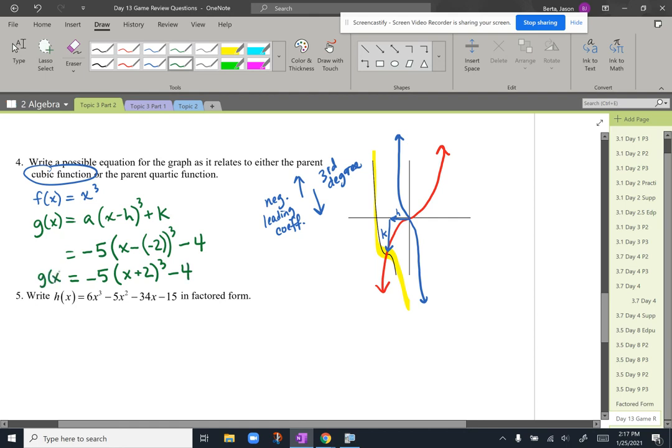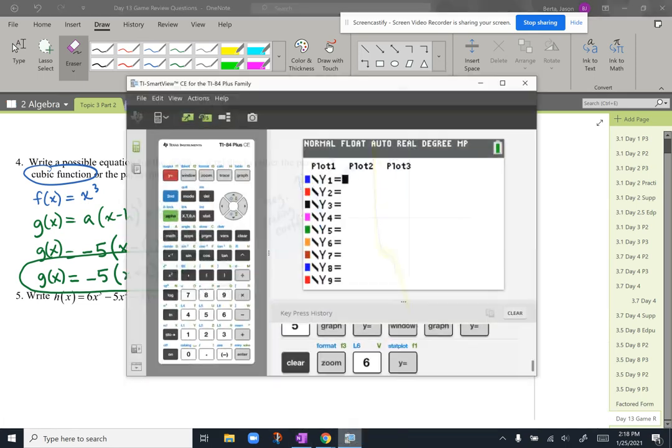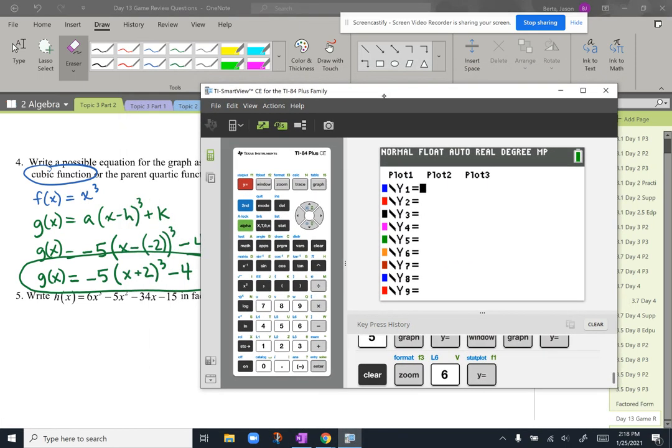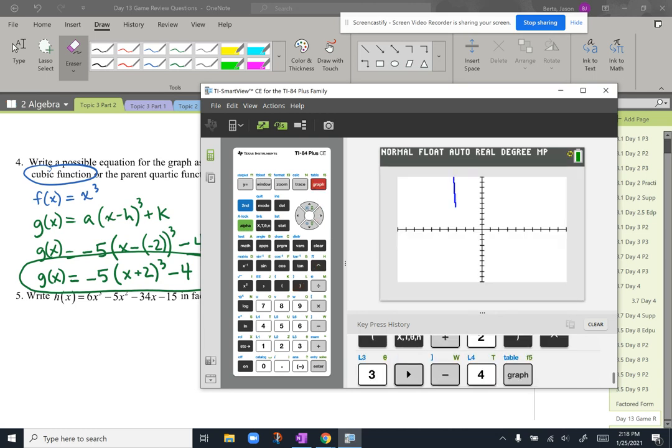This is an appropriate polynomial equation that looks something like what was given to us in the problem, this highlighted graph here. If I want to check my work, I can just type in what I came up with, -5 times x plus 2 cubed minus 4, and see what the graph looks like.